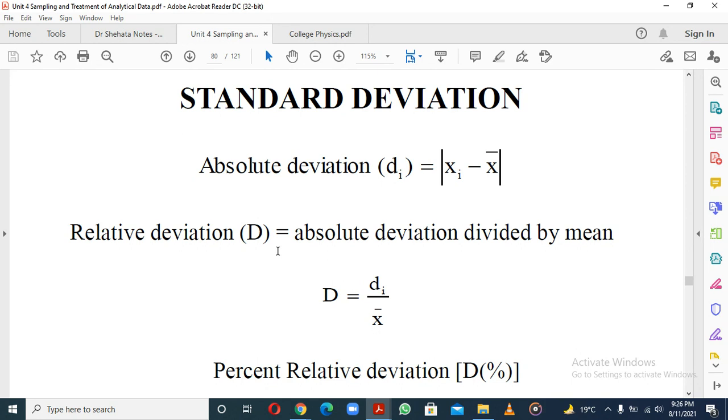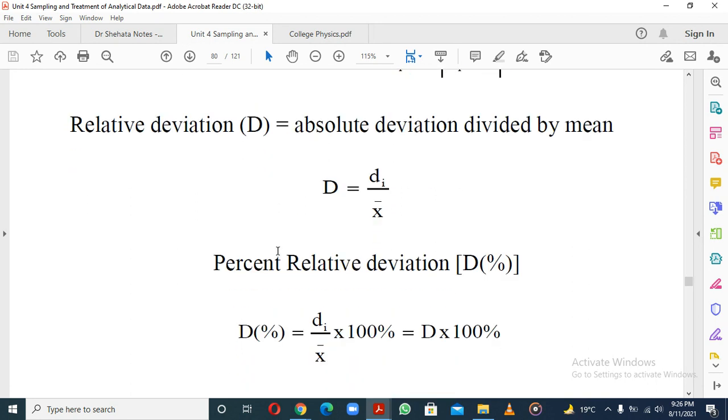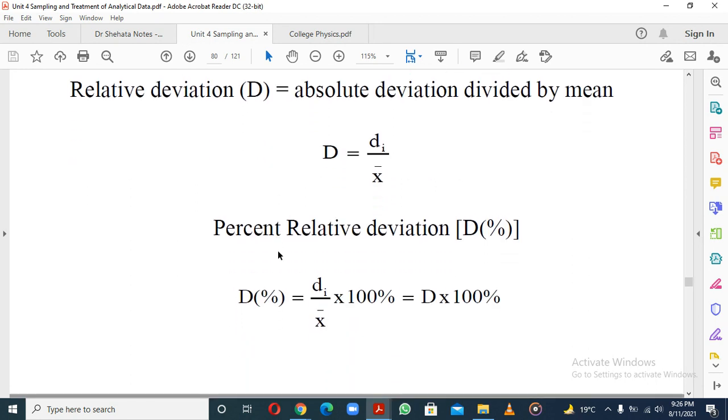Then relative deviation. Remember, relative is always a ratio, you are always dividing something. So relative deviation is the absolute deviation divided by the mean. It's not something to memorize; just remember relative always means a ratio.